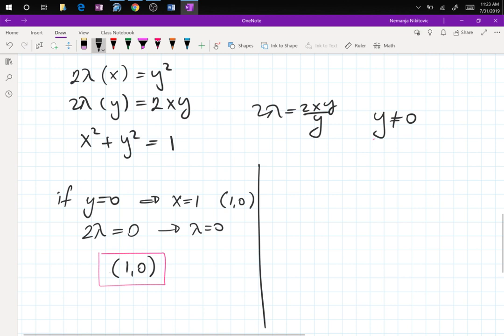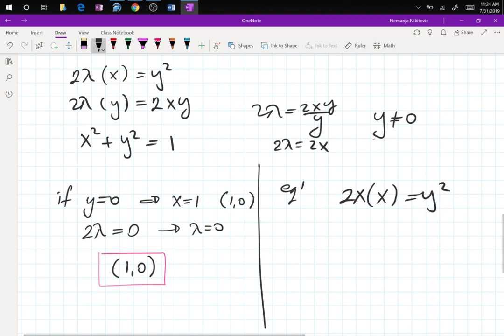So now I have this 2 lambda times x is equal to, so this is 2 lambda is equal to 2x. So now, equation 1, instead of 2 lambda I get to write 2x, and then I still have times x is equal to y squared.